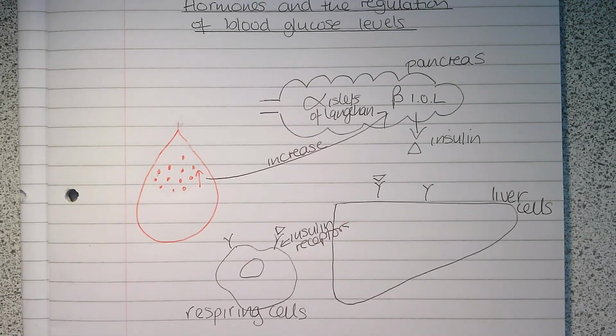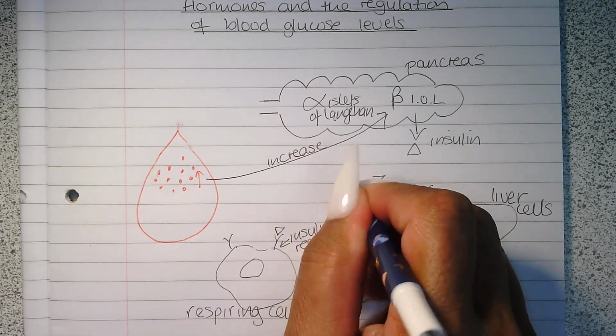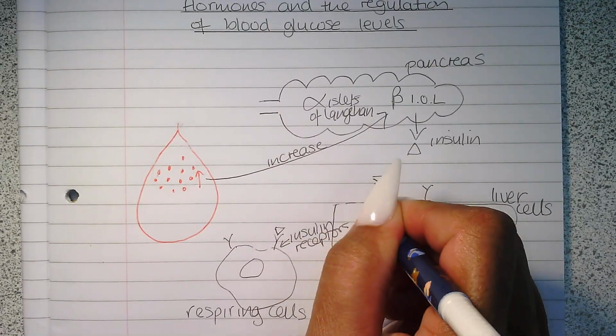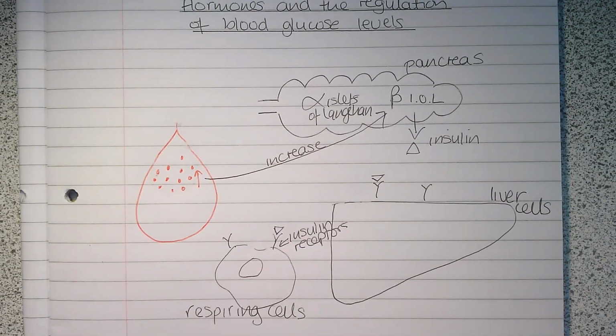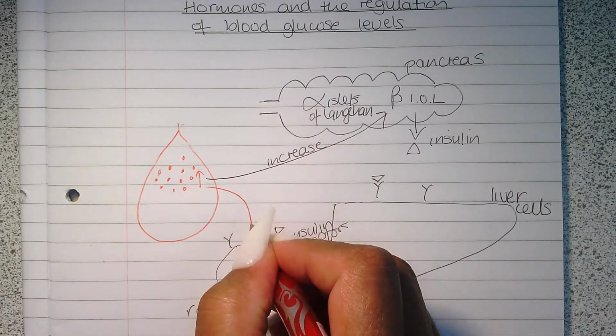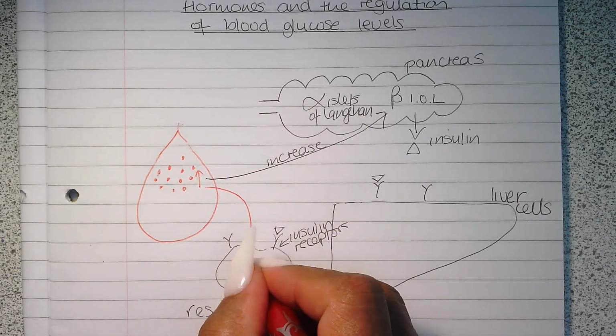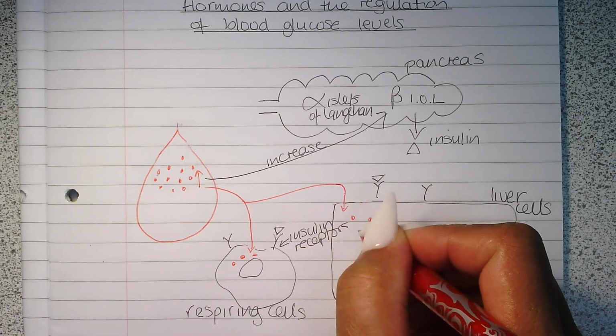When insulin binds to these receptors, the permeability of the membrane changes. And as a result, glucose can now enter the cell, be it respiring cells or be it liver cells.